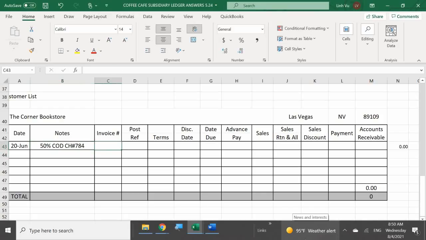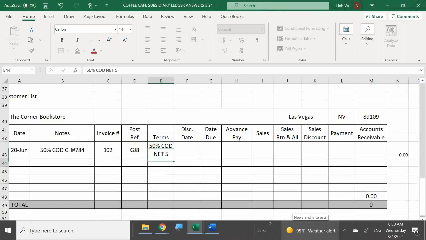There was no invoice number. The invoice number is 102, and the post reference number is G8. Good. Terms were net 5, so I'm going to put 50% COD net 5, so you know why we charged him that 50%.